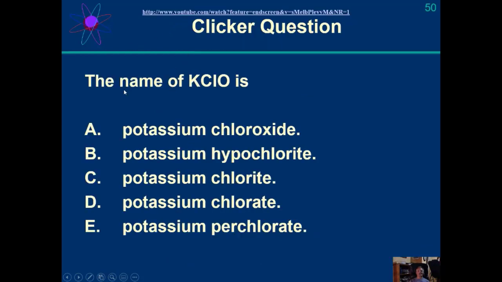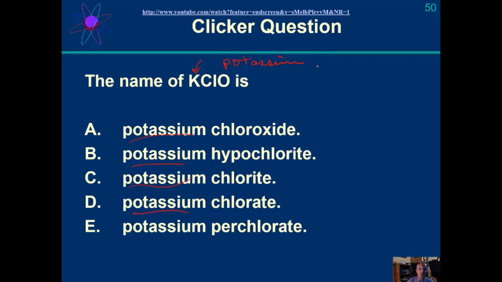So let's name this ionic compound. You know it's ionic because it's got a metal and it's got a polyatomic anion. So is the metal of known charge? The answer is yes. It's a group 1 alkali metal. It's potassium. I guess that wasn't too big a mystery since I've got all of these as just potassium.